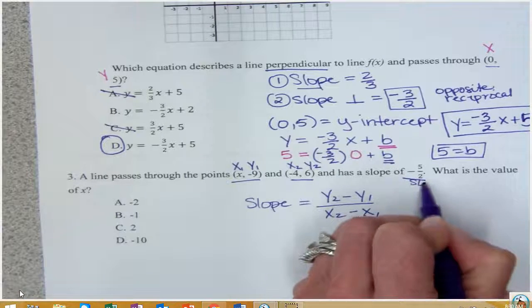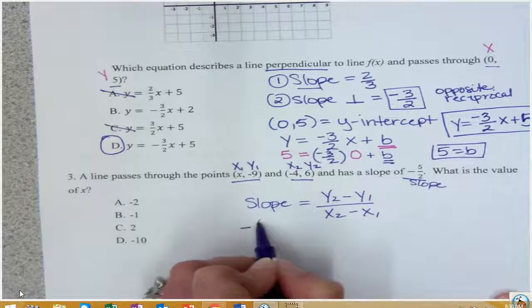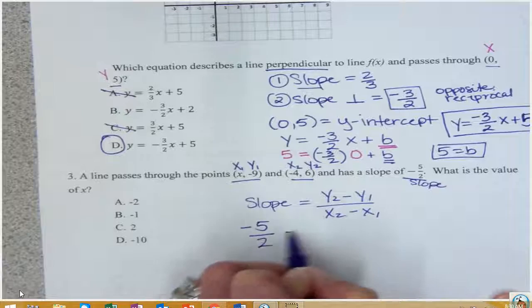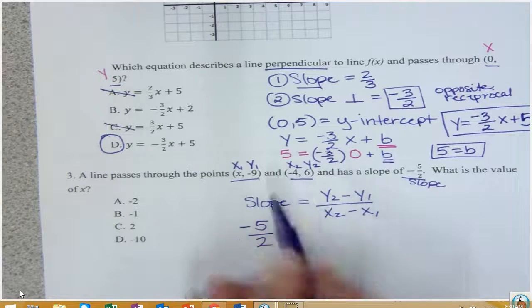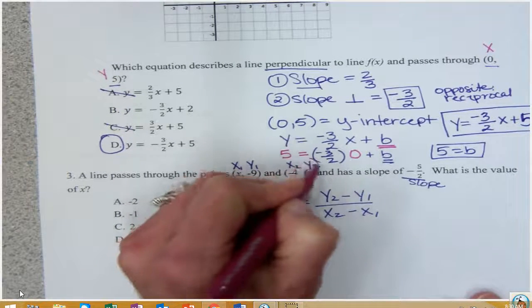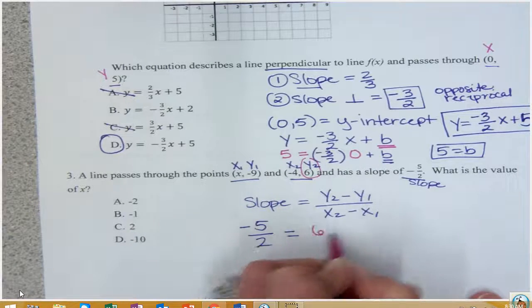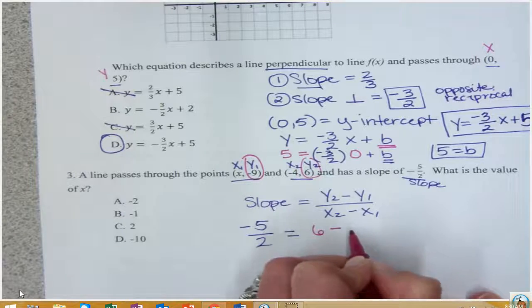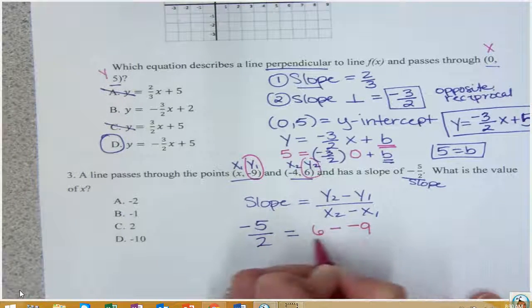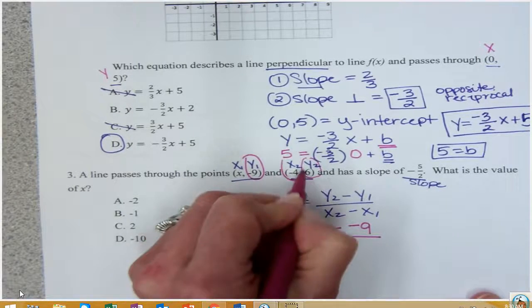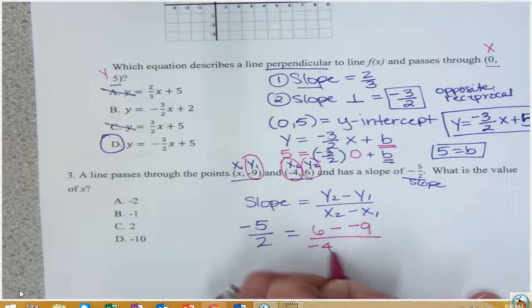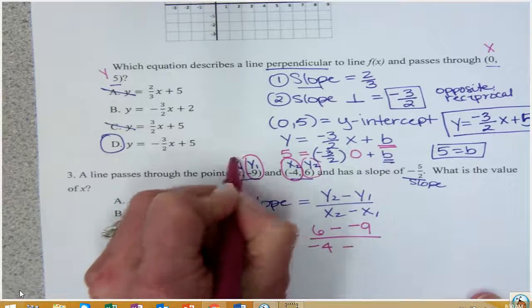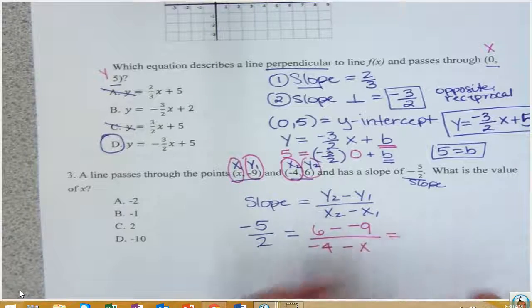Negative 5/2 is going to equal 6 minus negative 9 over negative 4 minus x.